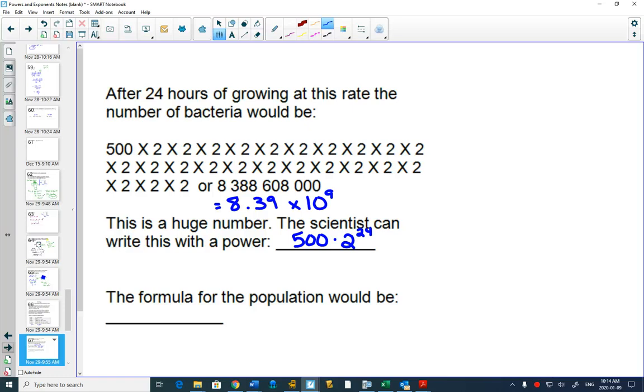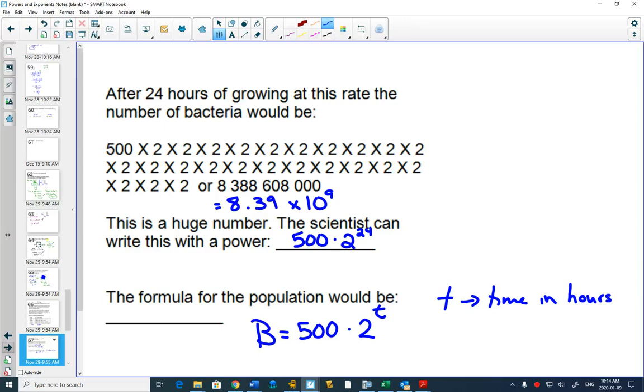And our formula for this population, our bacteria, we started with 500. Then we multiplied by 2 to the exponent, I'm going to use the letter T. Is everybody okay with that? Where T is time in hours. Can you see if the time was 1 hour, 2 to the exponent 1, we'd multiply by 2 once. You'd get 1,000.